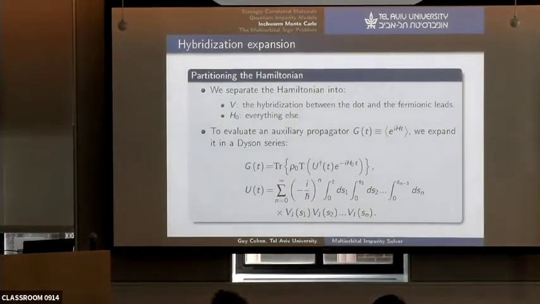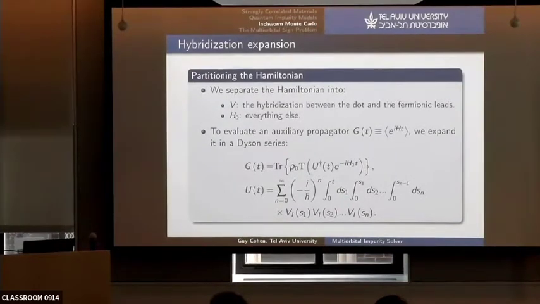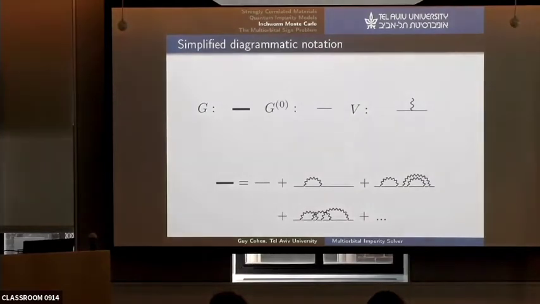In order to construct a perturbative theory for these propagators, we start with a Dyson expansion. We start with a propagator which is solvable, which is analytically evaluatable. Then we evaluate a set of contributions at different orders that correct it. And this gives you a perturbative diagrammatic theory.